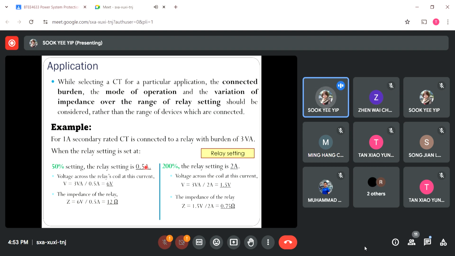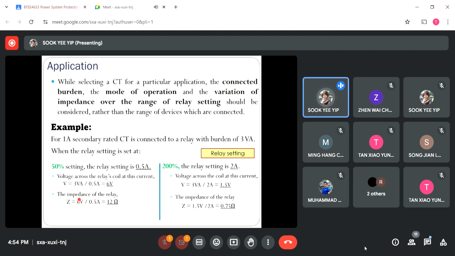If the current flow through the primary circuit causes the secondary current through the relay to be higher than this number, the overcurrent relay will start to react. That is what we consider a fault condition. So with the 50% setting, what would be the burden for this relay in terms of impedance?